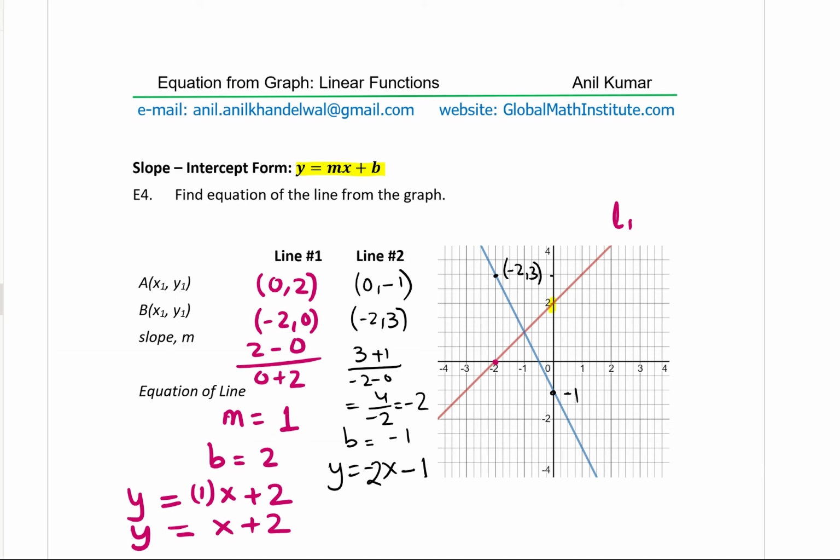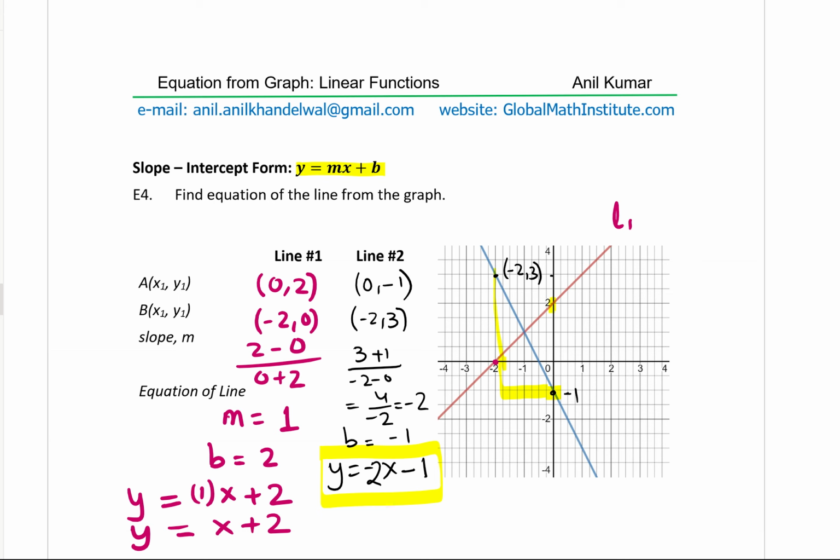Is that clear to you? Perfect. So that is the slope, which is downwards. Minus 2x minus 1. Clear?